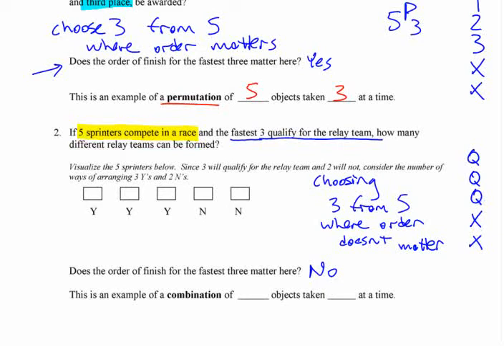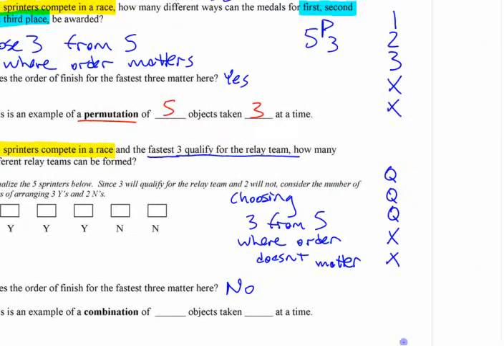Up here, we worked this out by saying we have 5 in total. To work that out, we're dividing by the ones we are not choosing. We divided by 2 factorial because of the ones we are not choosing.